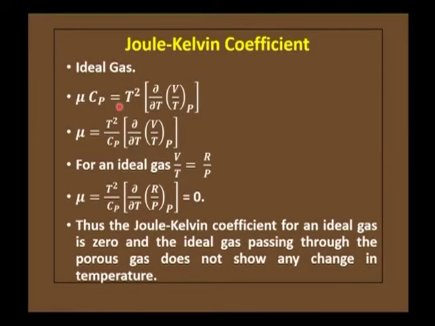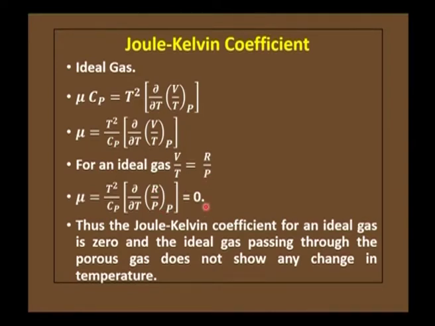For an ideal gas, mu into Cp is equal to T squared into dou by dou T of V by T. Therefore, mu is equal to T squared by Cp into dou by dou T of V by T. But for an ideal gas, we can write P into V is equal to R into T. Therefore, this equation modifies to mu is equal to T squared by Cp into dou by dou T. In place of V by T, I can replace R by P. Therefore, R by P is equal to 0.